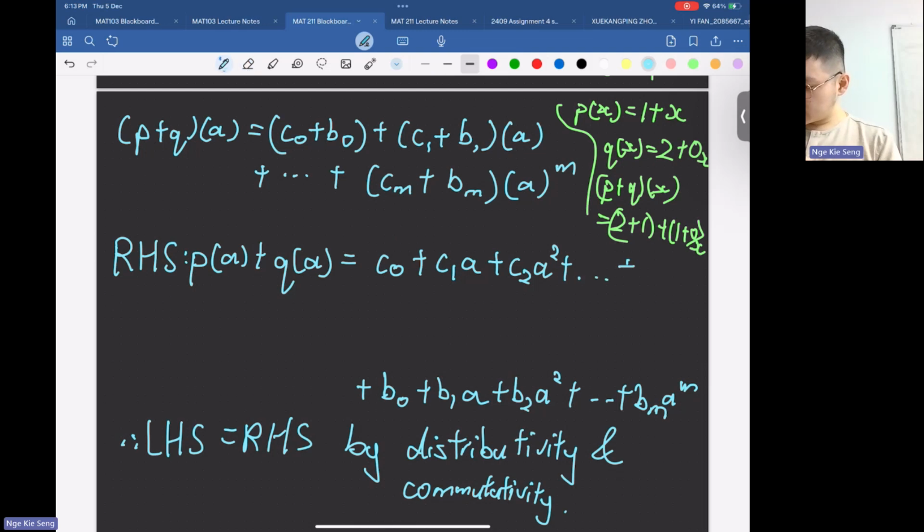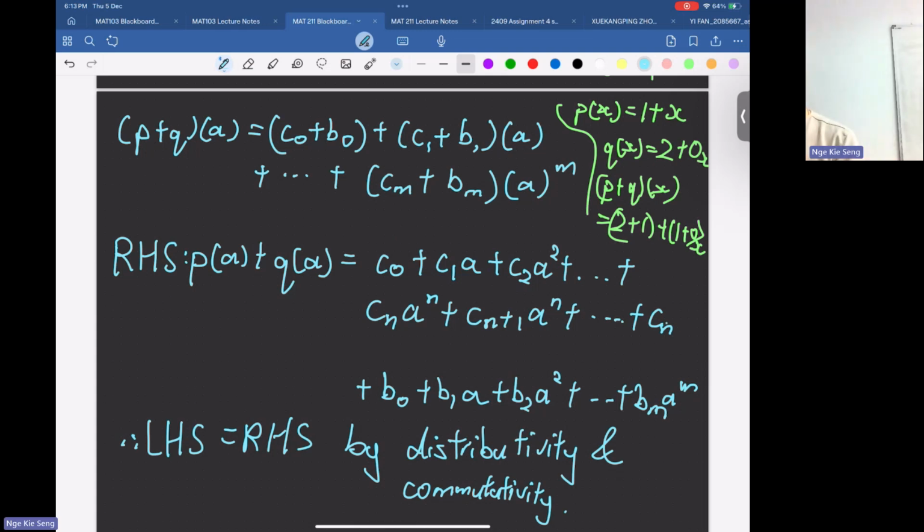Plus until Cn a to the n plus Cn+1 a to the n+1 plus dot dot dot up to Cm a to the m, but we know that all these are just 0.